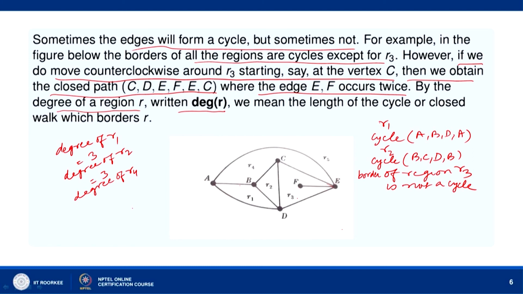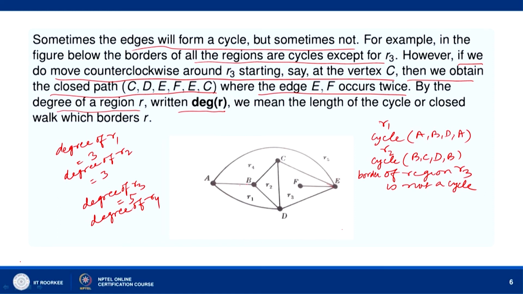So we have 1, 2, 3, 4, 5. So the degree of R3 is equal to 5. Then we have the degree of R4.